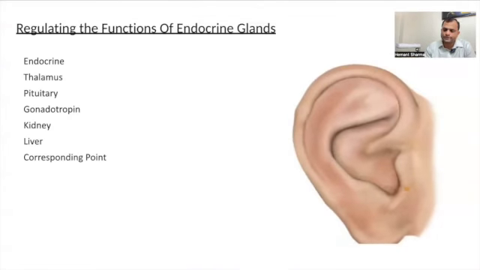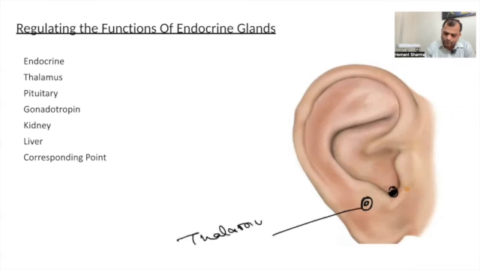So let's see here. The thalamus point will be here, but on the hidden side. The endocrine point will be here, little inner side. So this is the thalamus, on the hidden side.